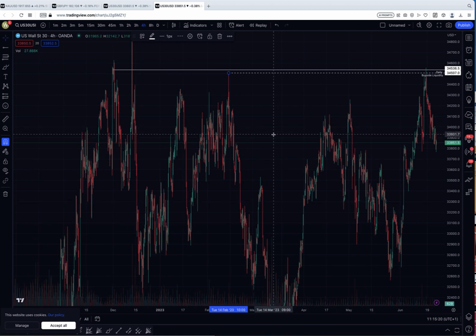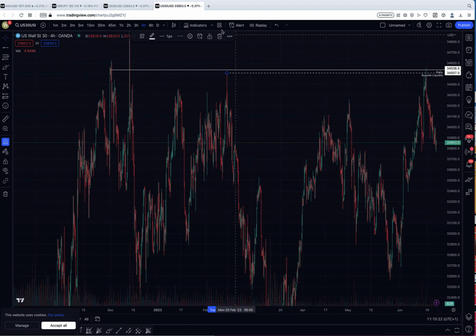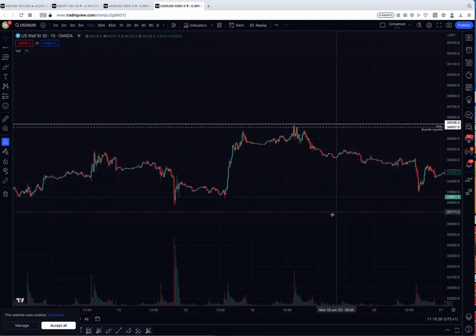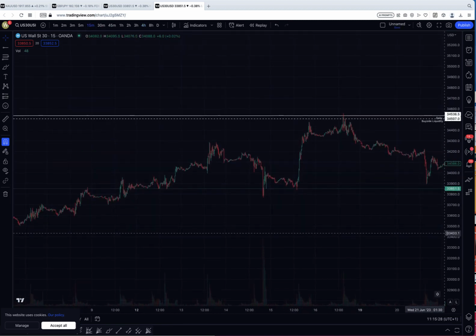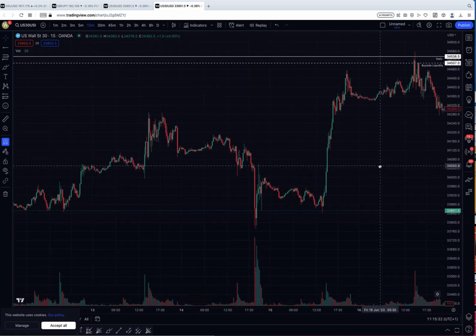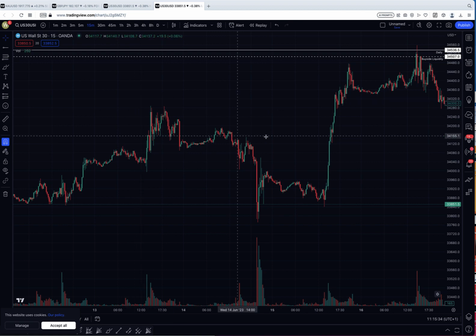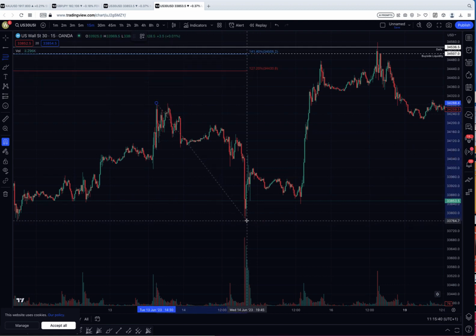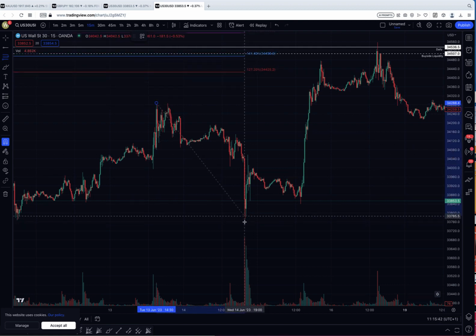Okay, next one, I'm going to go to the 15 minutes time frame. On 15 minutes, I would basically go from here. I'm using the Fibonacci expansion tool.